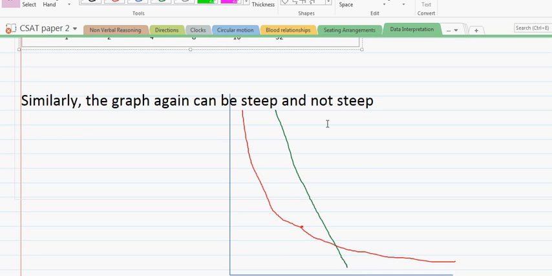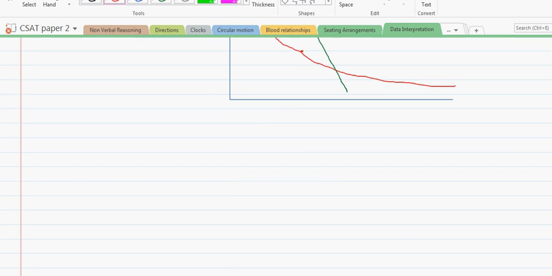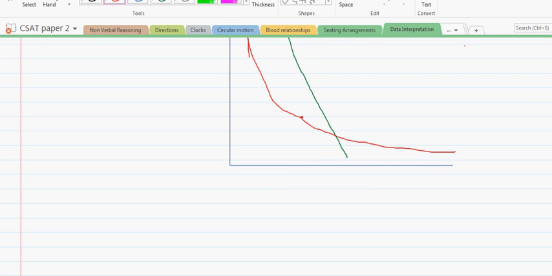Again, there can be a steep slope or a not so steep slope, right? So again, the rate of change can be steep, so this is a steeper graph, this is a not so steep graph, right? So you have to see that if you are taking two values on a steeper graph, the difference would be huge.